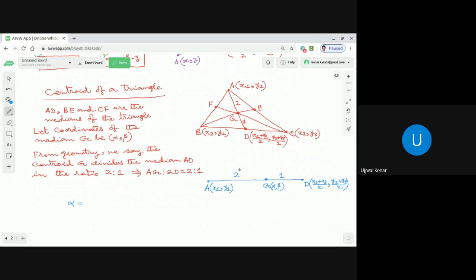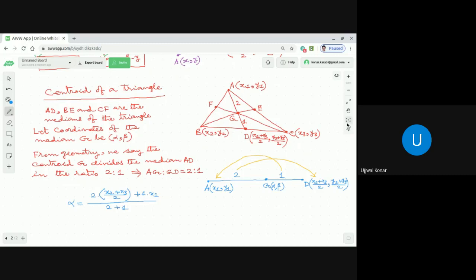If you recall the way I did, alpha is 2 into the x coordinate of the point D plus 1 into the corresponding x coordinate of the point A. So alpha is equal to 2 into (x2 plus x3)/2 plus 1 into x1, divided by 2 plus 1.